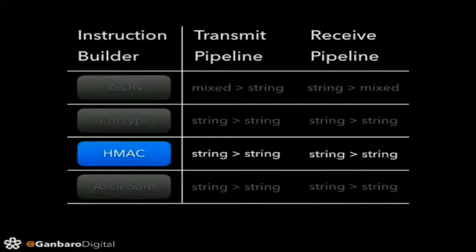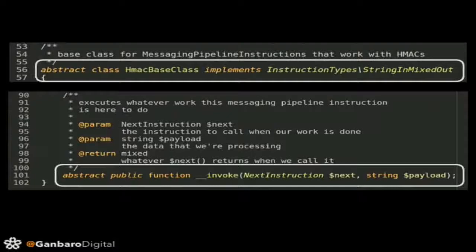If we go to our HMAC and look at that, here we can be tight on this, or tighter. If the input's not a string, it absolutely can't work. The algorithms can't work. So here, we can use a different interface, string in, mixed out. And all it does is define this, where we've typed our payload and said it's a string.